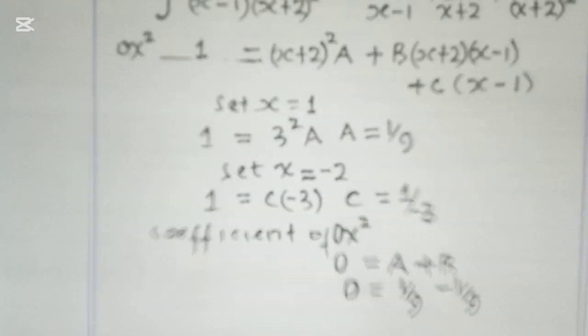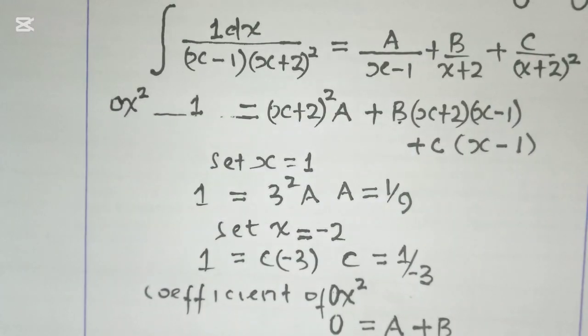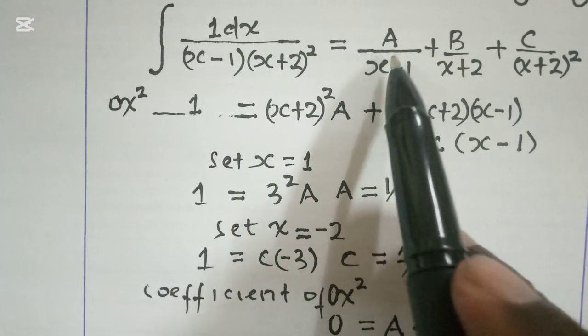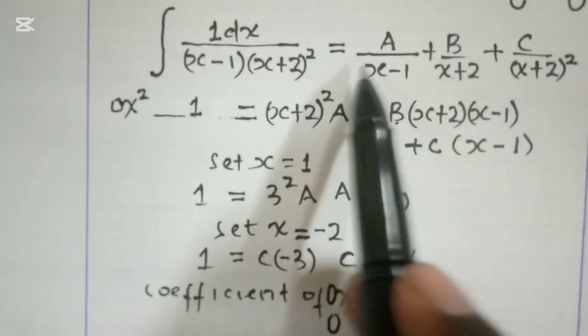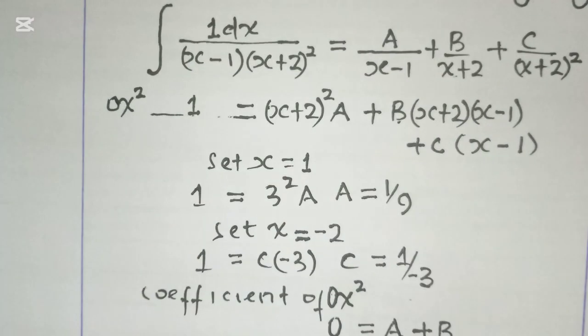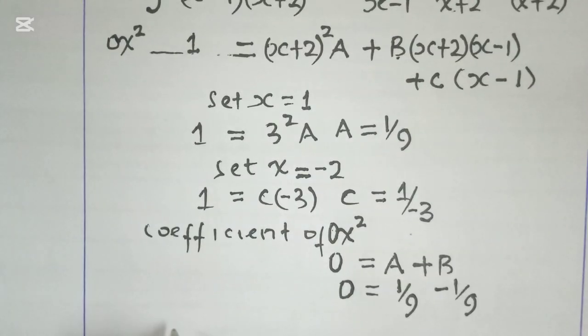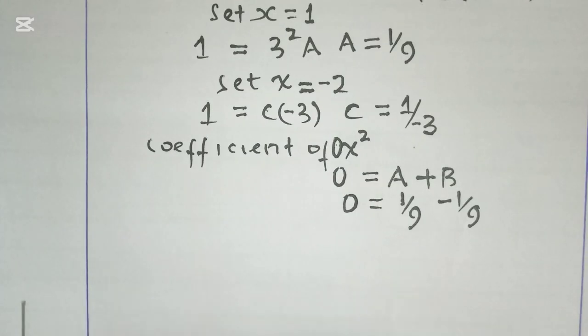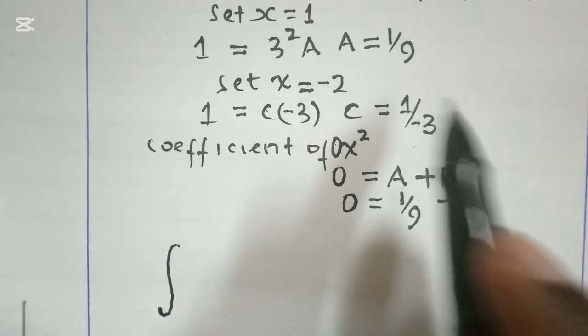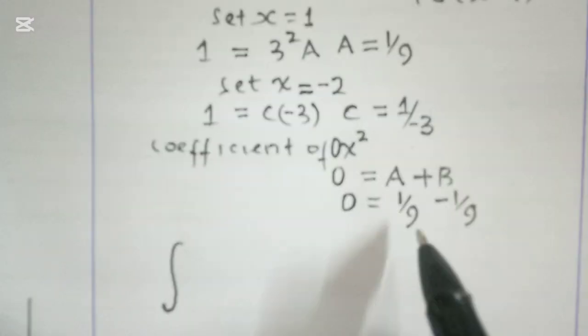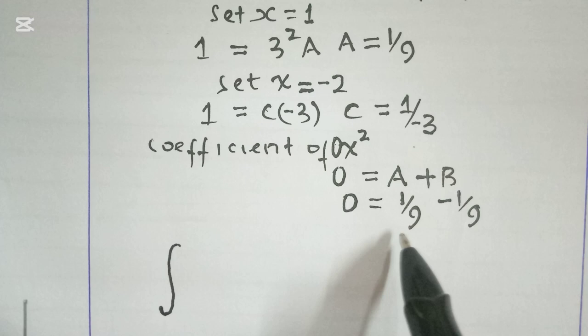So, guys, after identifying a, b, and c, we are now going to come and just integrate that. We now leave that, we integrate that, having known the unknowns. So we shall have integral of a. We are saying a is supposed to be 1 over 9.